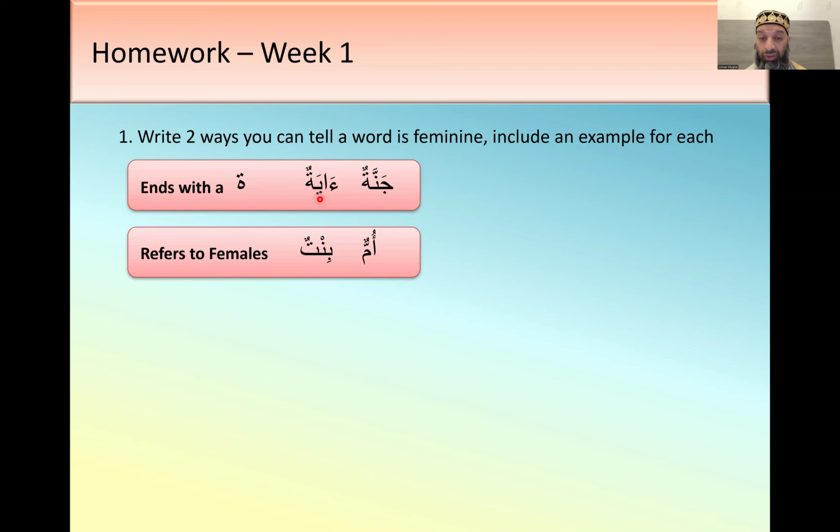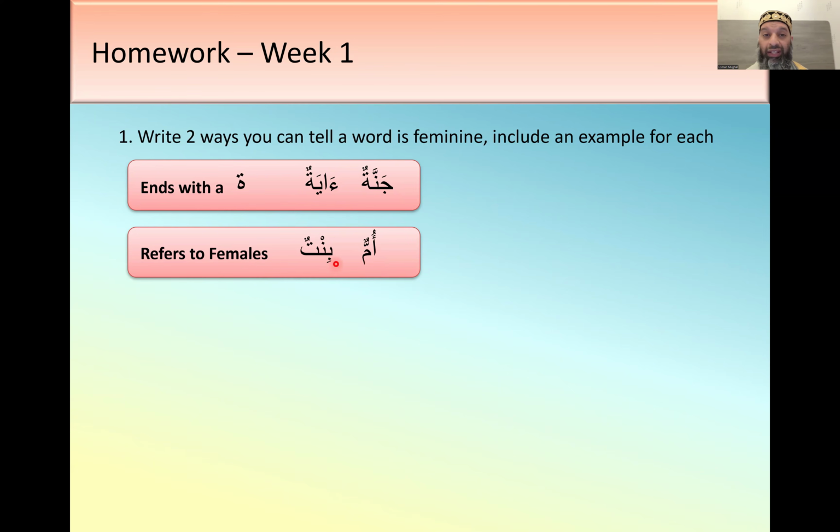So ayatun is a feminine word. Jannatun is also feminine. So that's the first way and the most common way you can tell a word is feminine. The second way is if it is referring to a female. So bintun means daughter, ummun means mother.